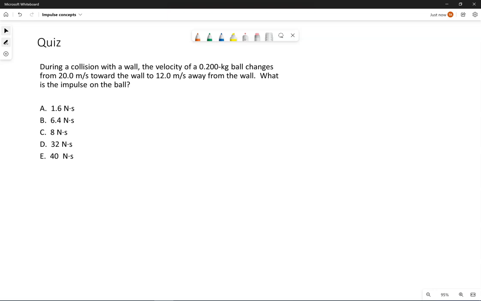All right, so we want to find the impulse. Initially, my ball is headed towards the wall, so v initial is to the right at 20 meters per second in my picture. Finally is to the left at 12 meters per second in my picture. We don't have to have the wall drawn to the right. We could have the ball headed toward the wall to the left.